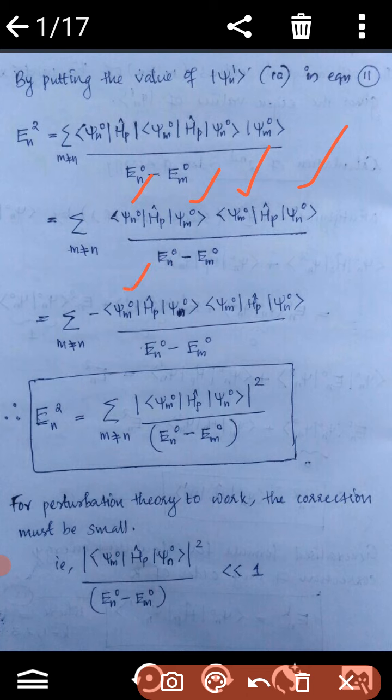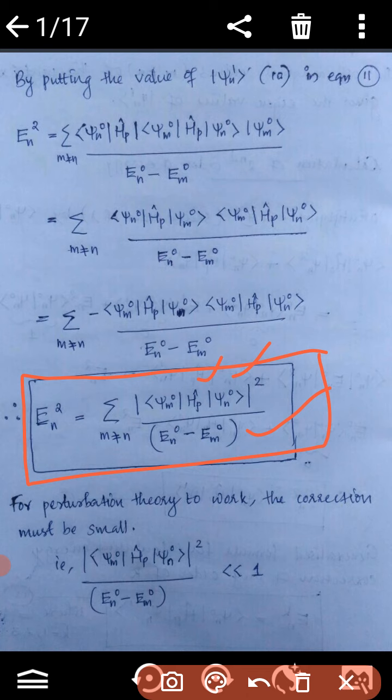Therefore psi m0 hp psi n0 into psi m0 hp psi n0 divided by En0 minus Em0. If we multiply these two, we get a minus, so I took the modulus also. Therefore, modulus square of psi m0 hp psi n0 divided by En0 minus Em0. So this is our second order energy.